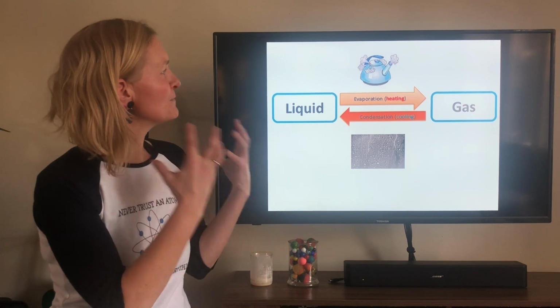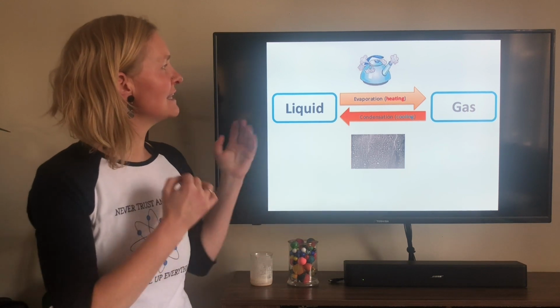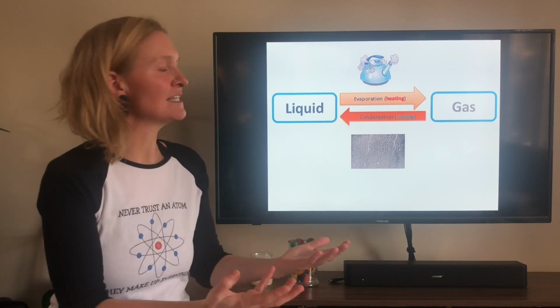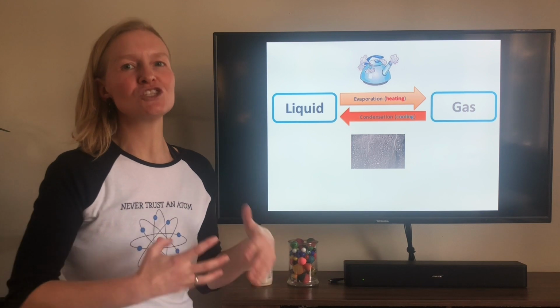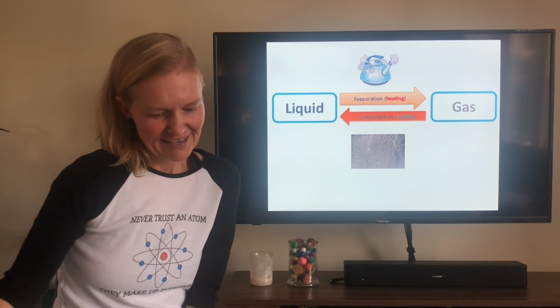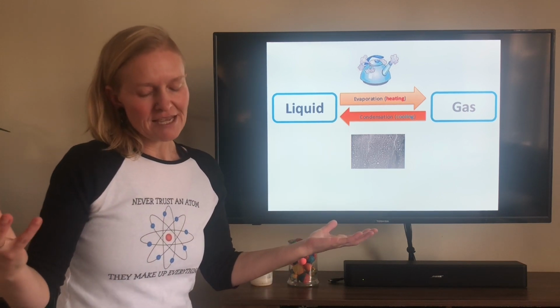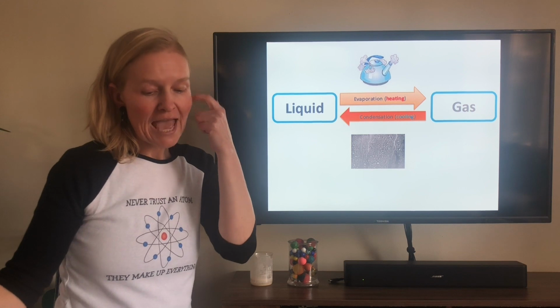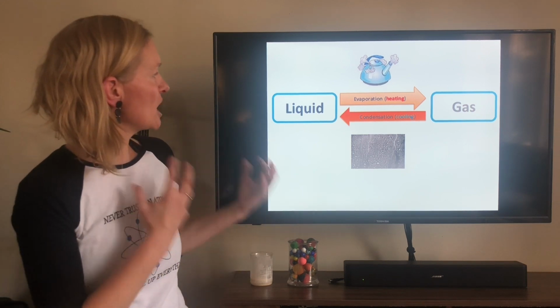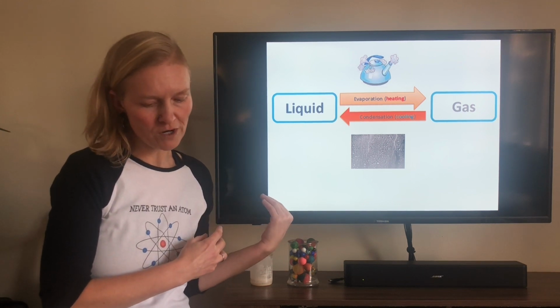So when you heat up a liquid to a certain point, that liquid will evaporate and become a gas. It will escape into the air around it, and it will lose that definite shape that defines the liquid form that it was before.